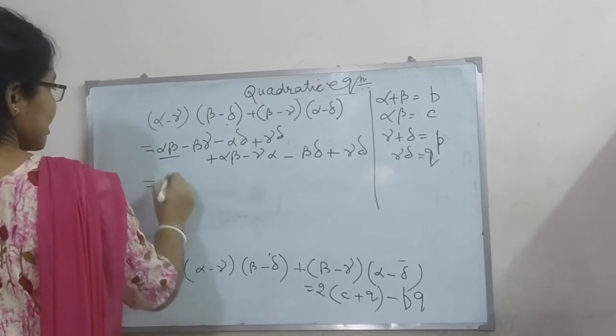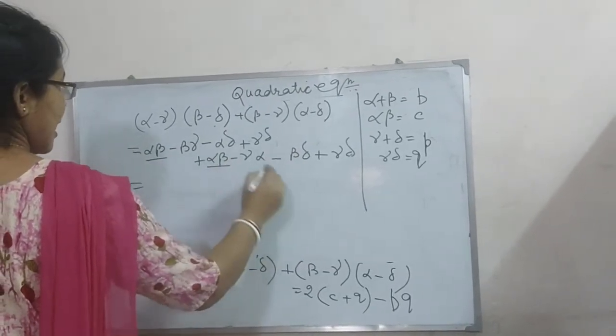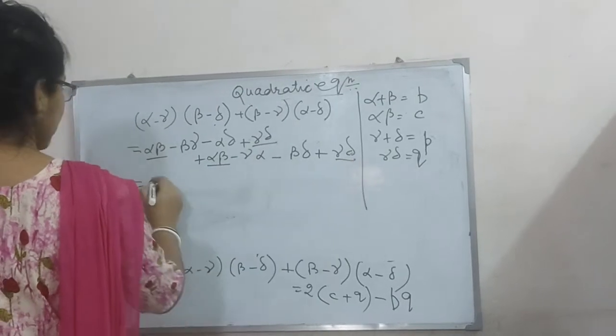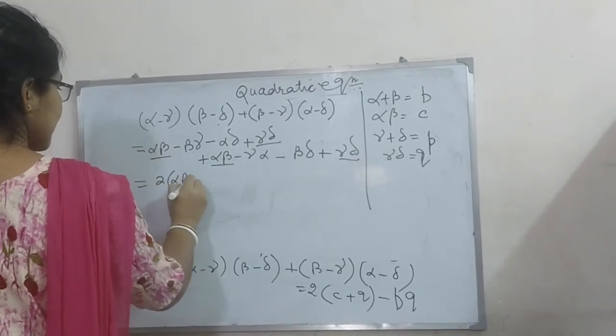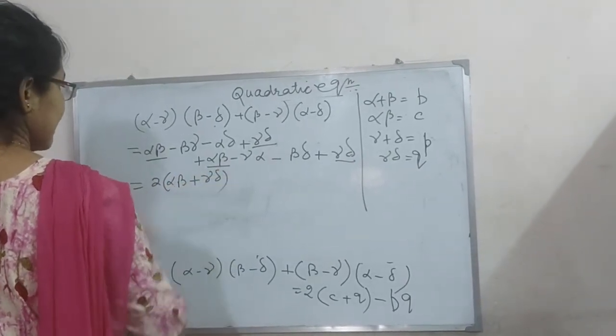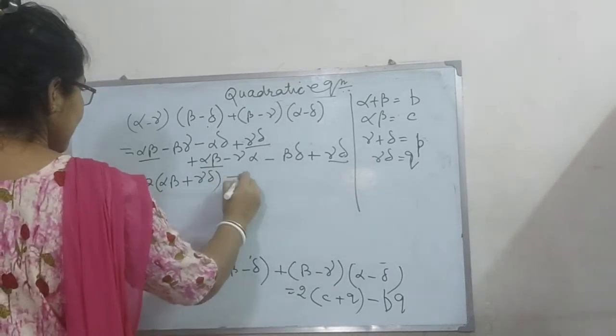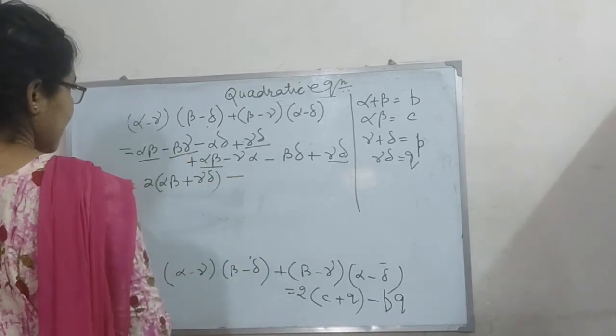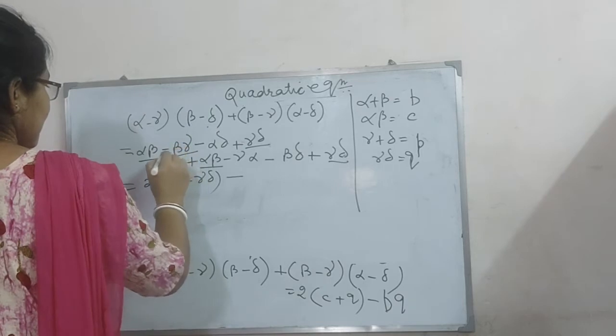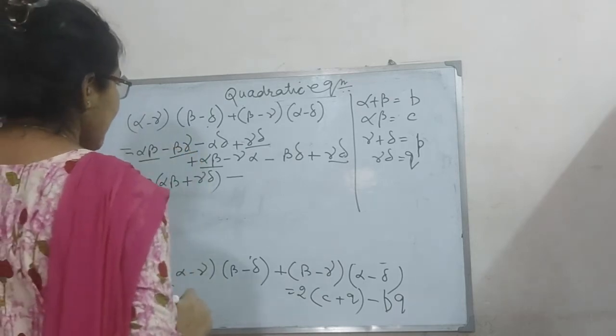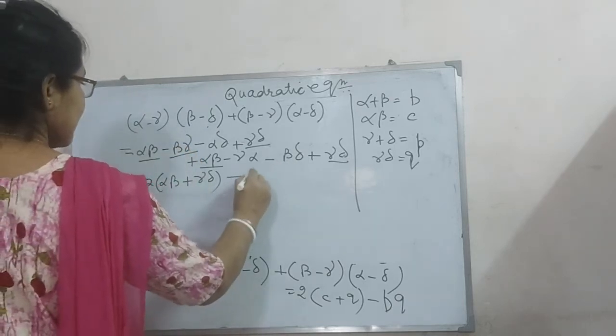From here I will write 2 alpha beta plus 2 gamma delta, and minus beta gamma and minus beta delta.